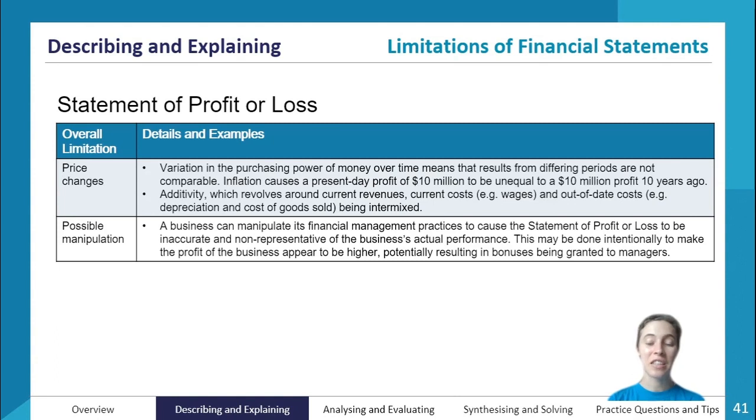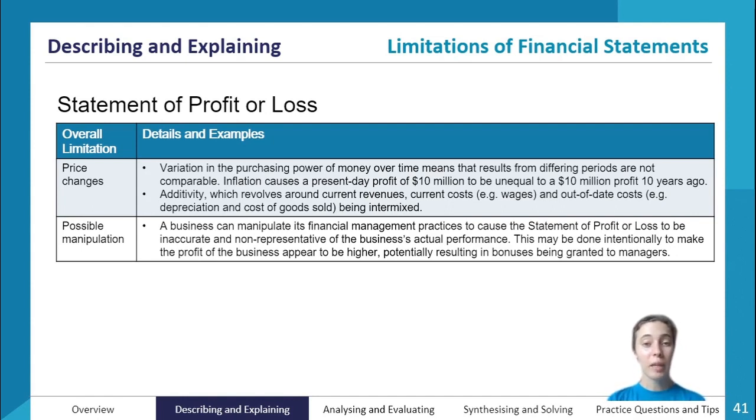It revolves around current revenues and current costs, so things like wages, and out-of-date costs being intermixed. And so again, that idea of different things from different periods being mixed together, and those things may not really be comparable because they're from those different periods.